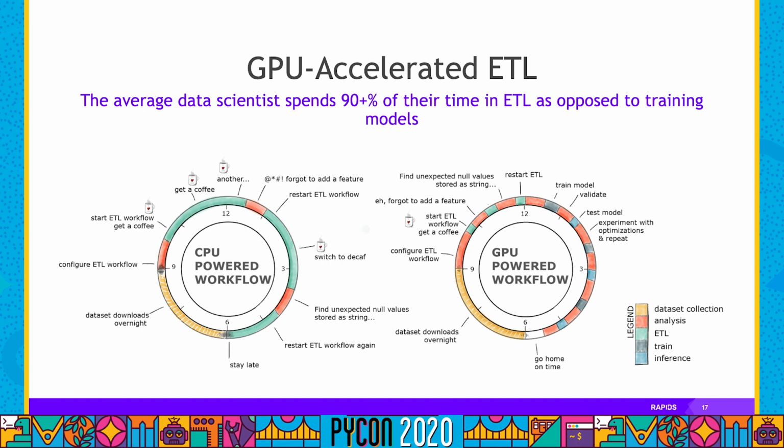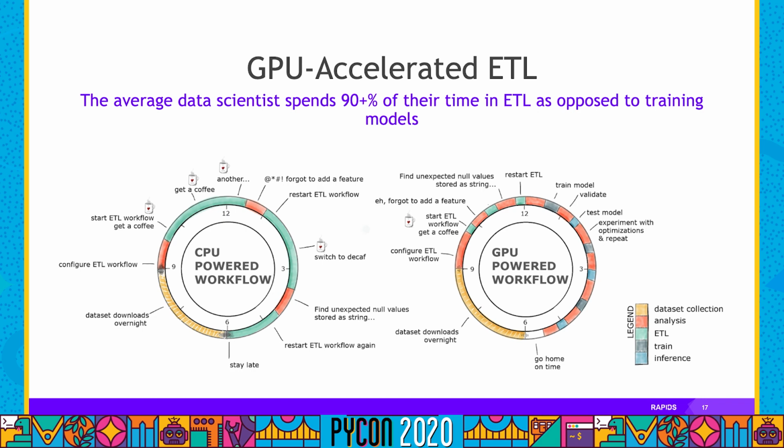And like we were talking about before, the slower the iteration is, the longer this takes, right? Because if your ETL pipeline takes an hour and you have a mistake or you want to correct something in it, you have to wait at least an hour to figure out that you've made that mistake. You can't get as many iterations in the day. So on the left-hand side, we have what would typically represent a CPU-powered workflow.